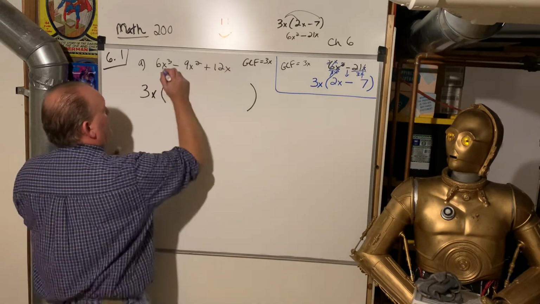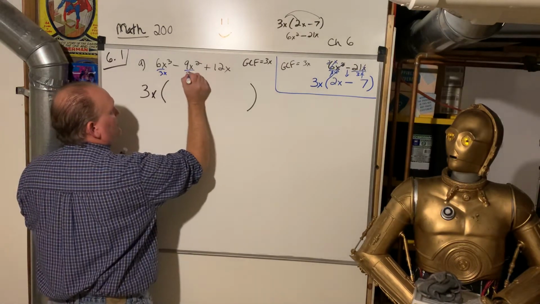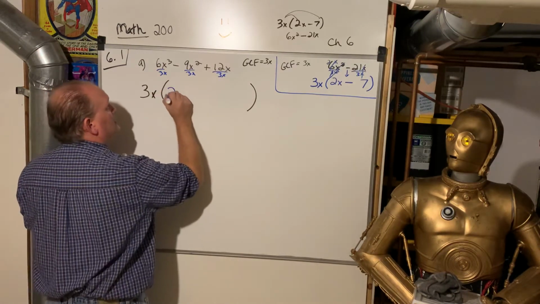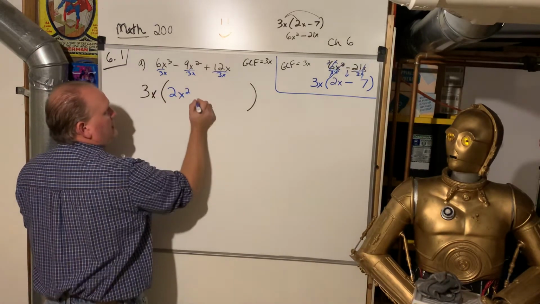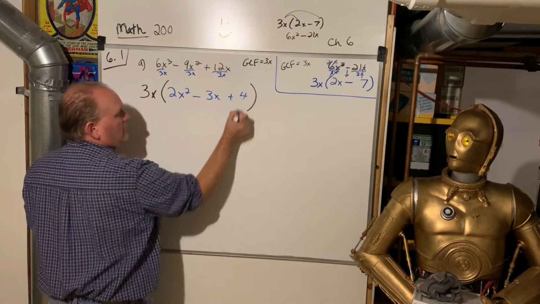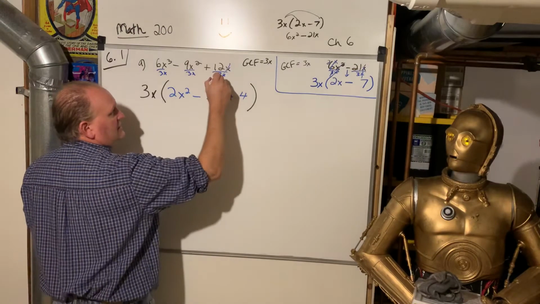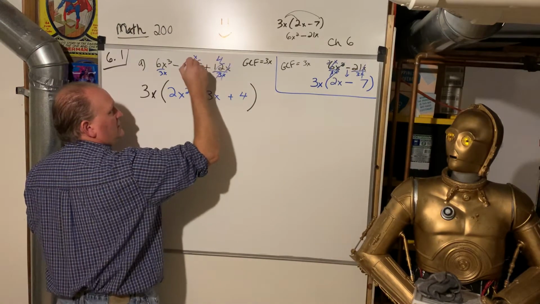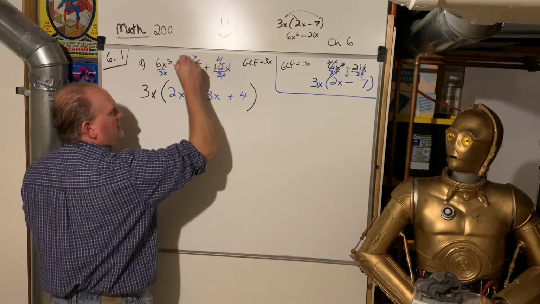So I divide this by 3x, this by 3x, this by 3x. And then we get 2x squared minus 3x plus 4. And so look, those x's cancel. 3 goes into 12 4 times. That kills one of the x's. 3 times.